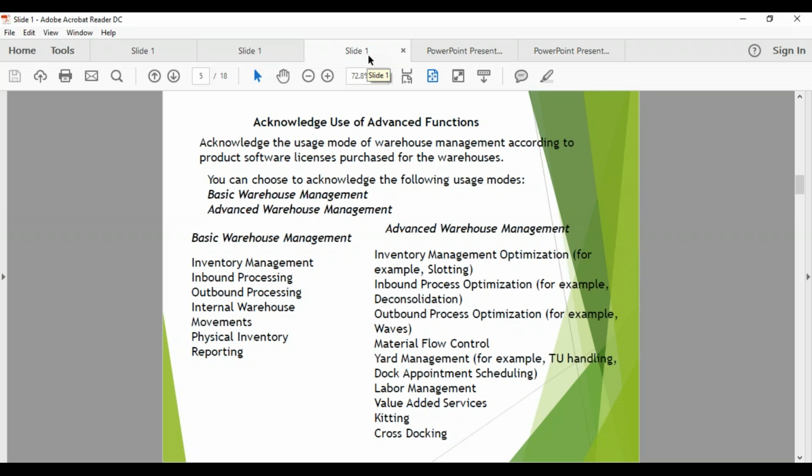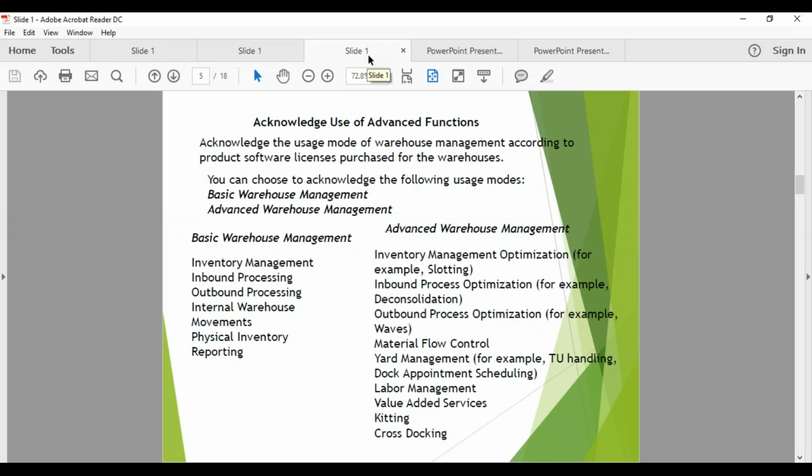So they will not have many functions, and they can use the basic warehouse management. In a manufacturing plant, we have raw materials and finished goods, and FG related packing as well. Multiple things are happening there, so at that time we may need the advanced. These are two use case examples.